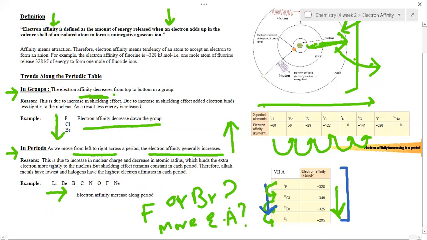I hope you will now be able to solve this question, and why. The question is which one of them is having more electron affinity and why. So you are going to answer it now yourself. Yes, you can practice it again and again, pause it, listen to it, and practice it again and again.